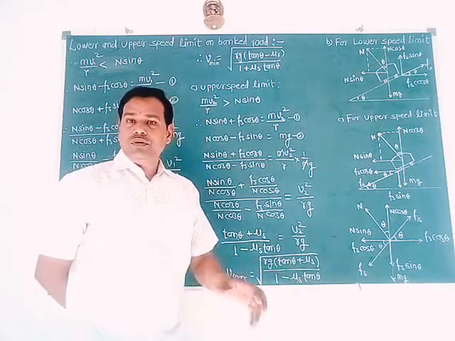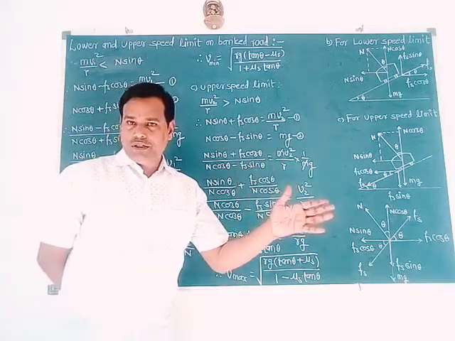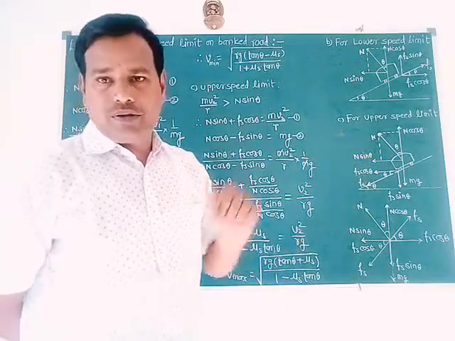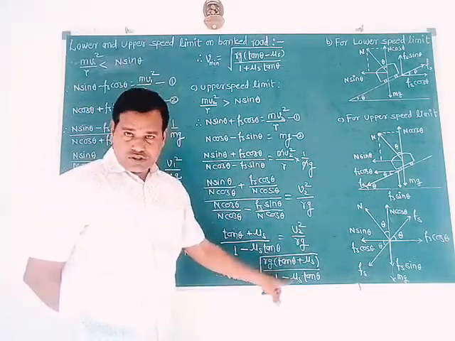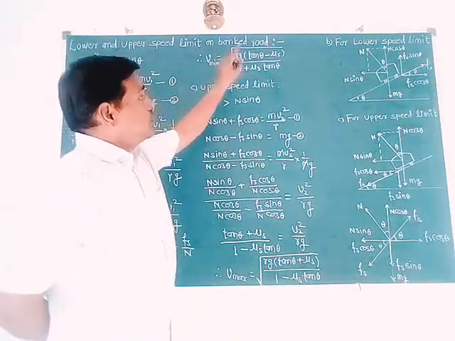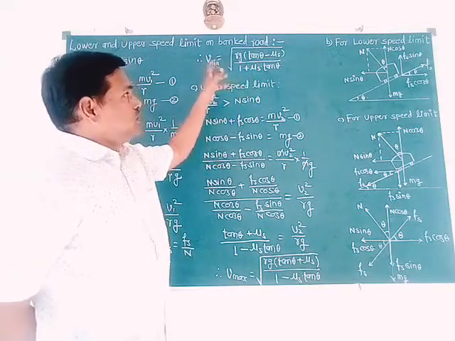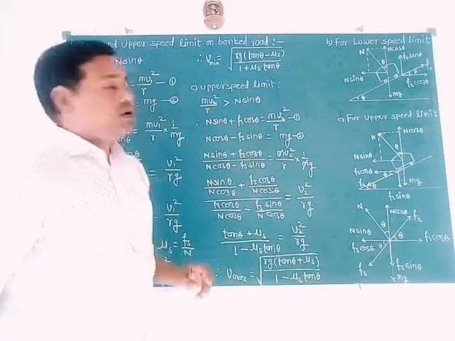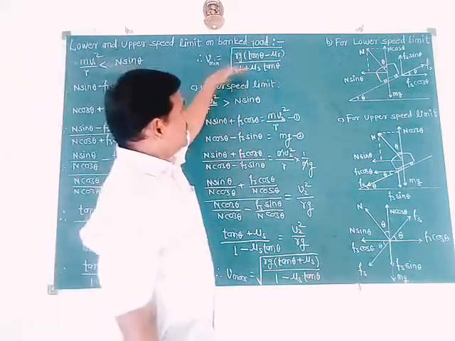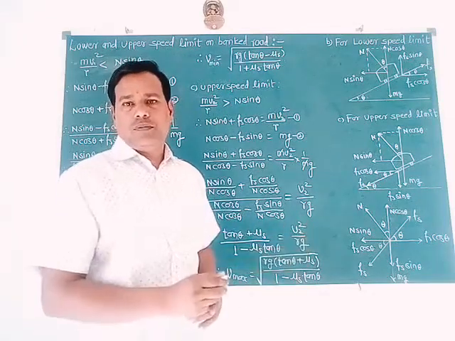Anything divided by 0 becomes infinity. So v maximum can be infinity. Consider this as an example of the well of death. Such situations can be considered. But in this case, if mu s equals tan theta, with the coefficient of friction very, very small, then we get v minimum equal to 0. It is possible for a very rough surface of road.